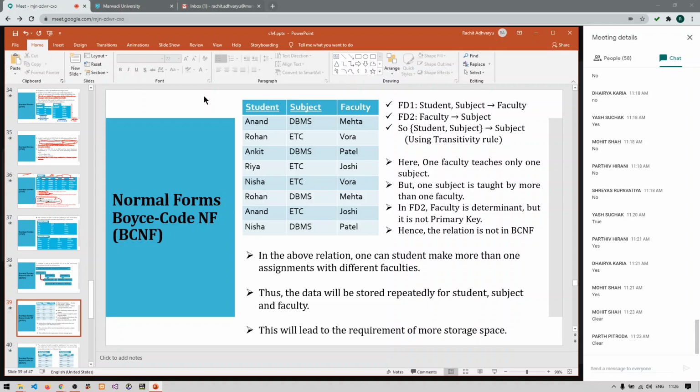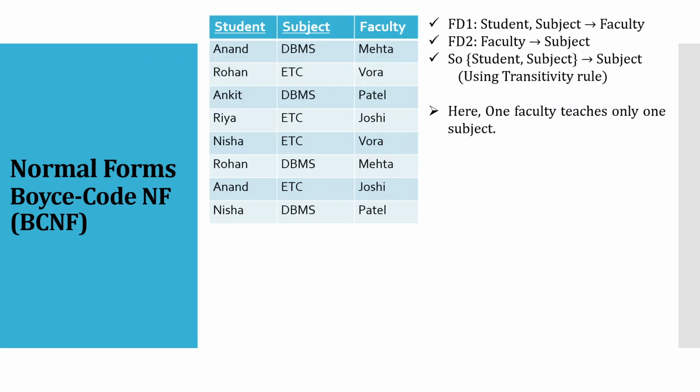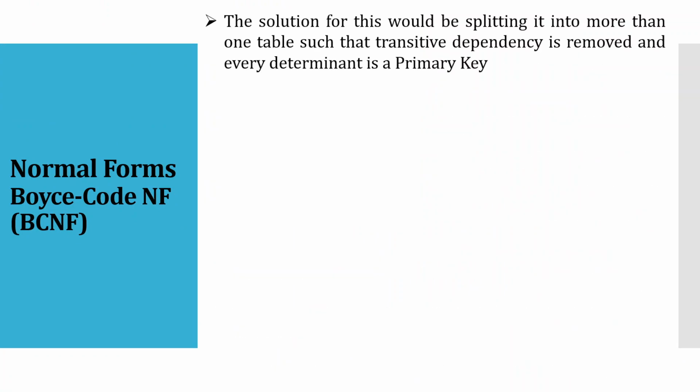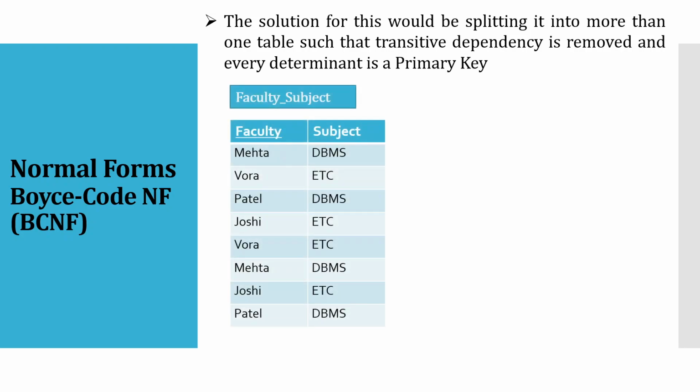Okay, so let's see the solution, how you can convert this table into BCNF. So the solution is we try to remove the transitive functional dependency as well as we are going to make sure that every determinant is a primary key, right? The first table will be of faculty and subject, where faculty and subject both are primary keys, because subject determines the faculty or faculty determines the subject.